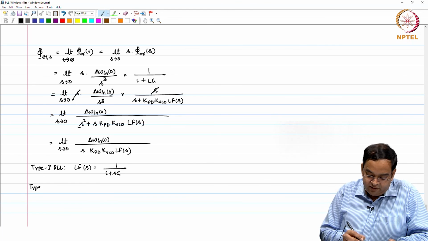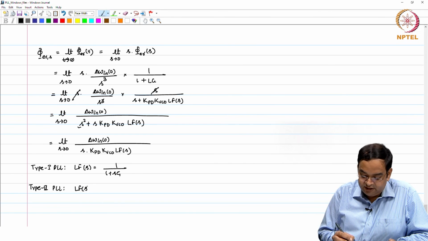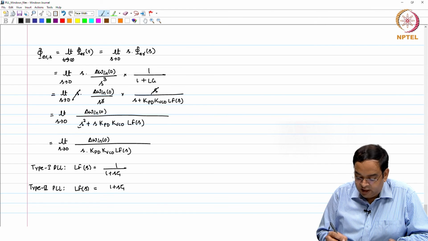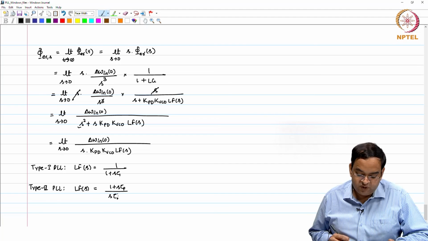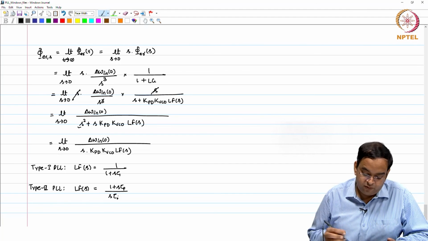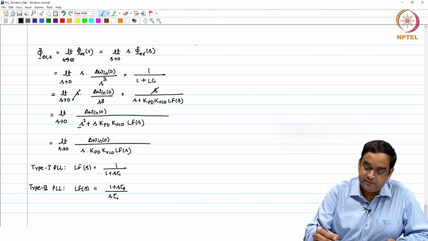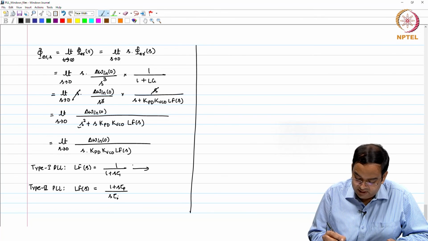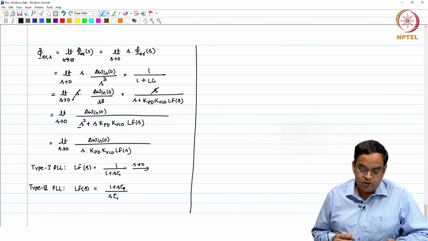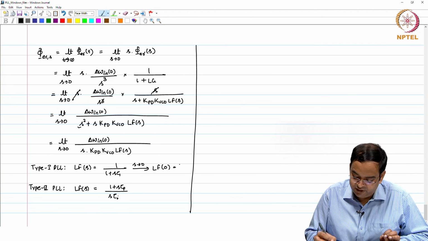For a type 2 PLL, loop filter is equal to 1 plus S tau p divided by S tau I. You can substitute for both the cases. What you are going to see is the following. For type 1 PLL, as S tends to 0, loop filter of 0 is 1.